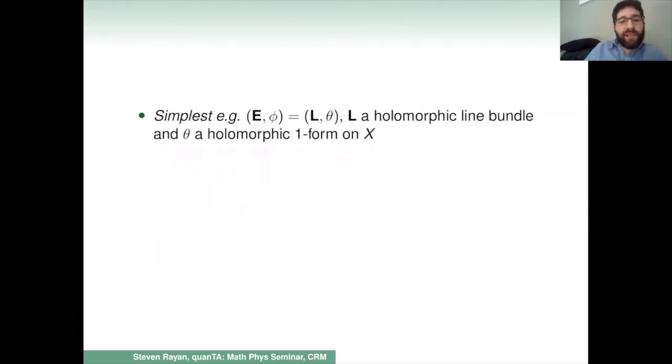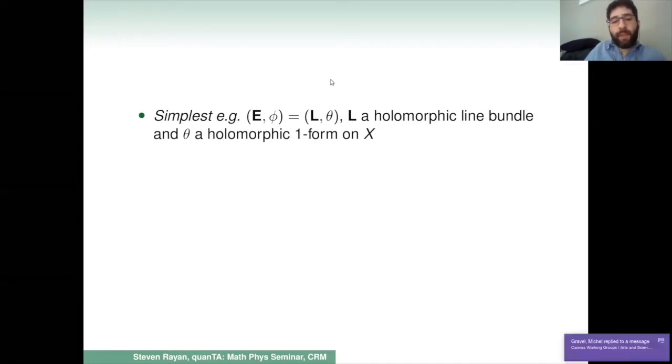Now, the simplest example of a Higgs bundle is to take E to be simply a line bundle L. Again, this is a holomorphic line bundle, so its fibers are really two-dimensional over R, but everything here is complex.